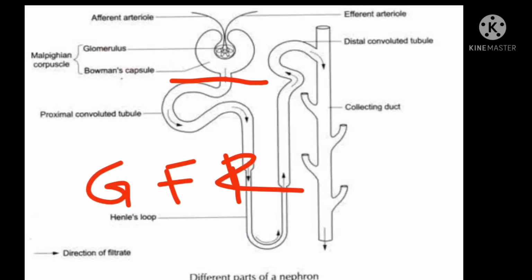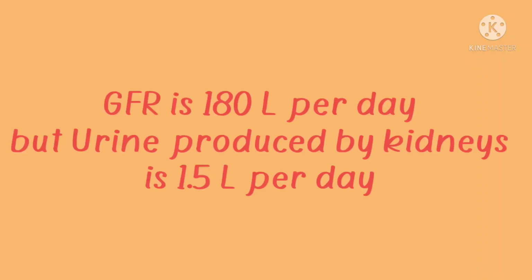But the amount of urine produced per day is 1.5 liters. That means a large part of the filtrate is again reabsorbed by the kidneys.